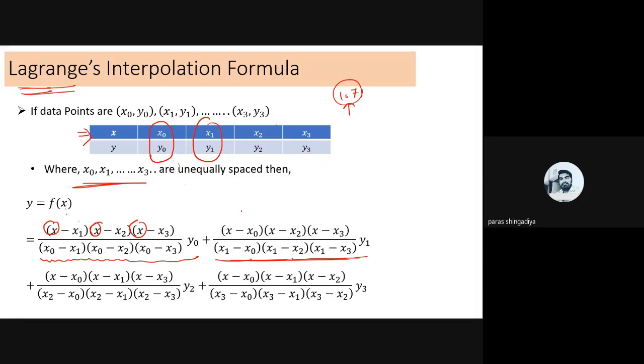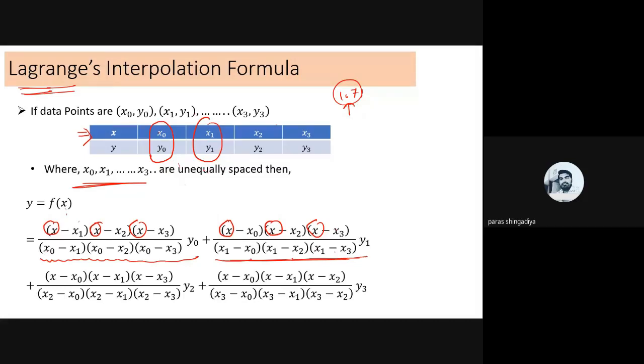So it will be x minus x0, x minus x2, and x minus x3. Now in the denominator use x1, replacing x. So it will be x1 minus x0, x1 minus x2, and x1 minus x3, into the function value y1. That is the second step, for x1, y1.